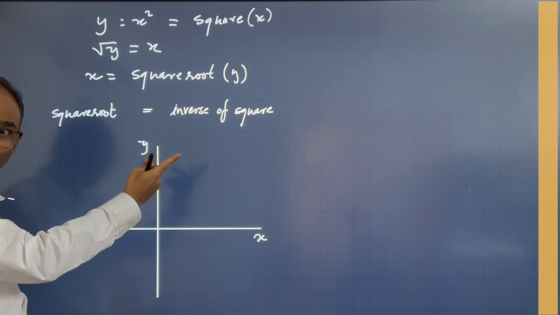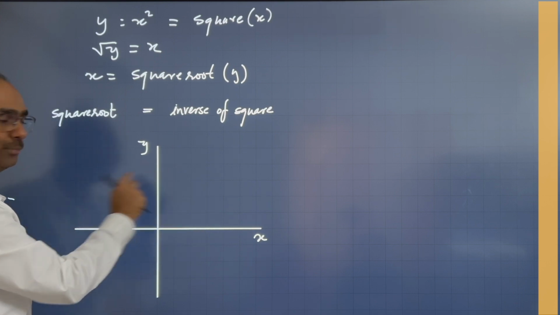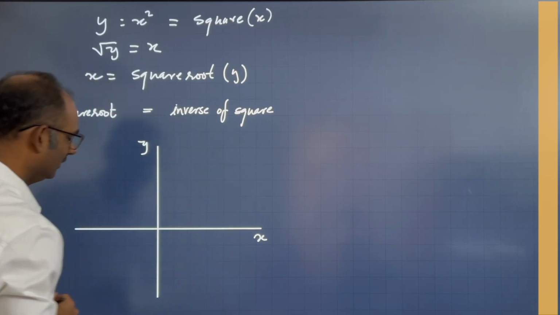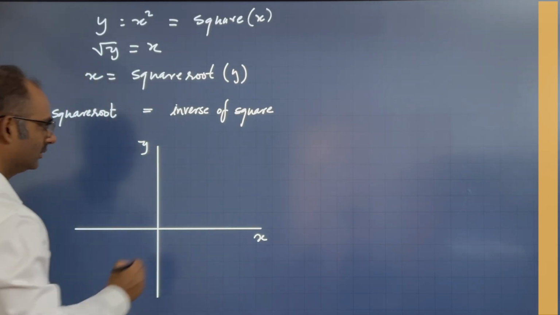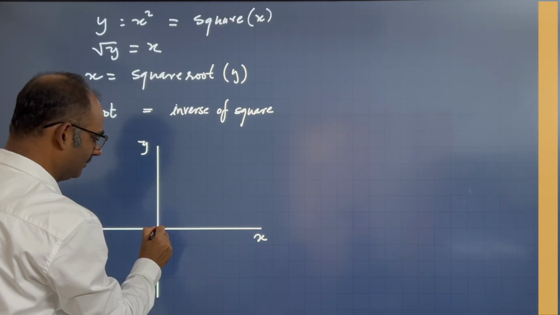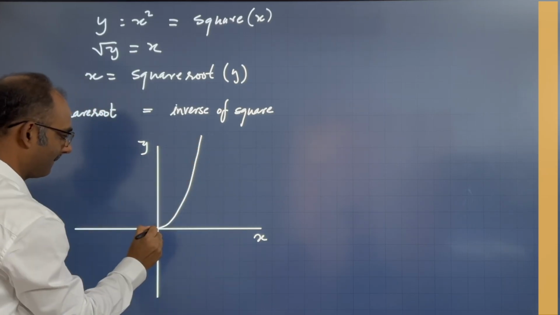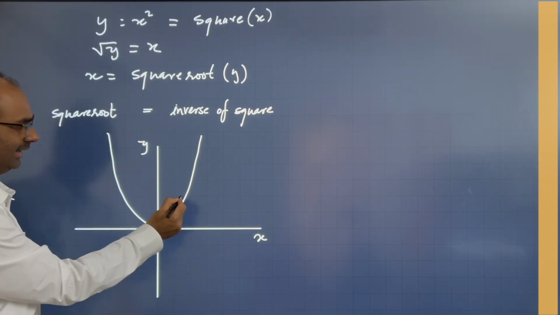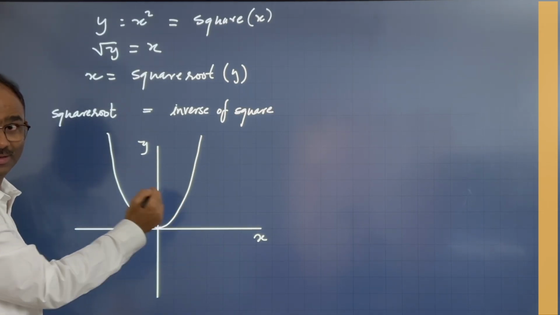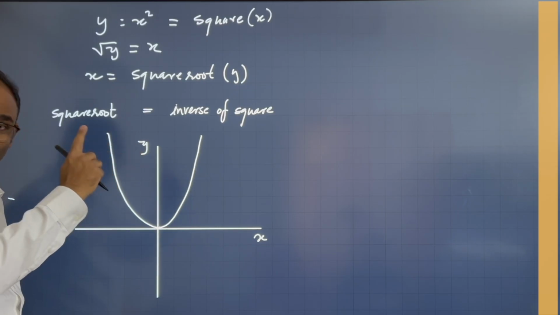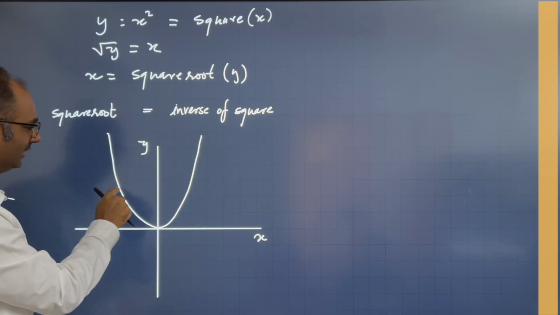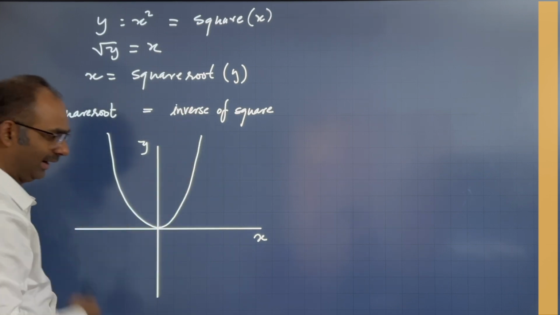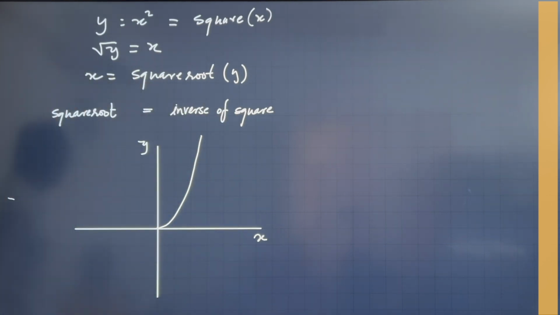But for the inverse, there will be a problem. For a given value of y, I will have this and that, both values of x. So let me tell you again. If I take a value of x, then I get a unique value of y. That's the function. But when I'm looking at the inverse function, I will have trouble, because for a given value of y, this and this both are values of x. I don't want that. So I look only at this part, and I will remove that.